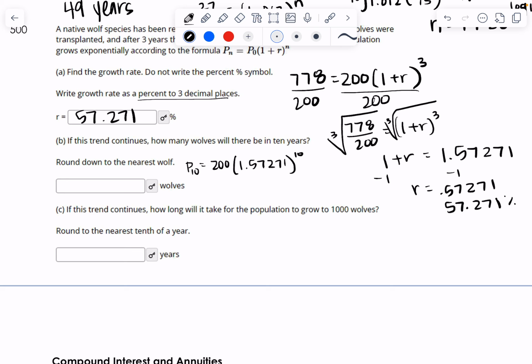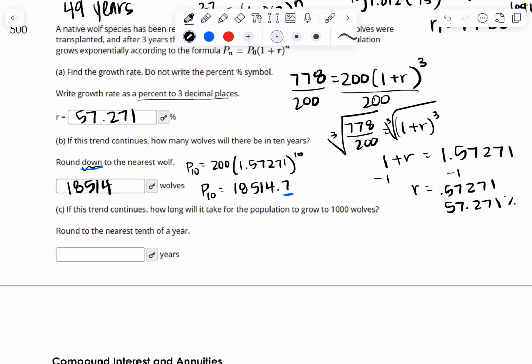And I got 18,514.7. And it says round down specifically. So round down, even though this is 0.7, it wants 18,514 wolves as the answer.